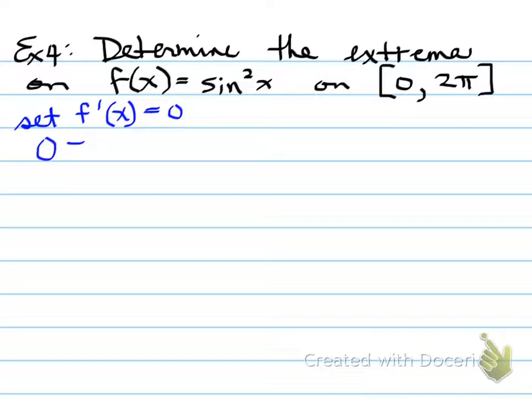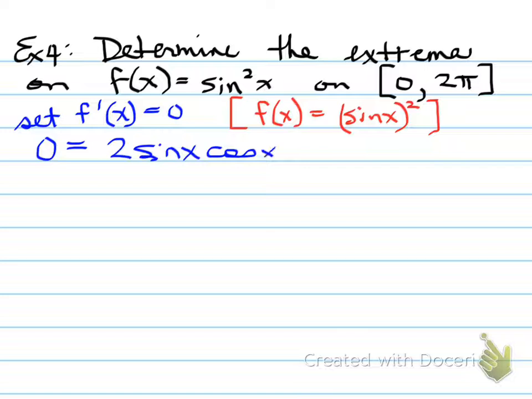Remember that sine squared x is actually sine x all squared. So we can find the derivative, which will be 2 sin x cos x. Automatically, you should recognize that 2 sin x cos x is the sine of the double angle, so we have sin 2x.